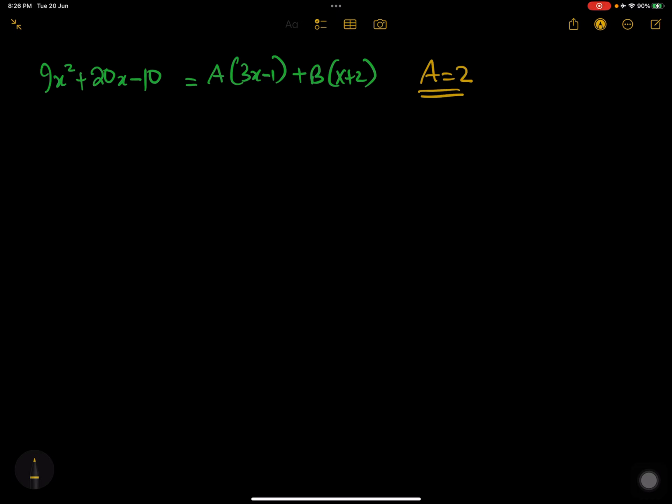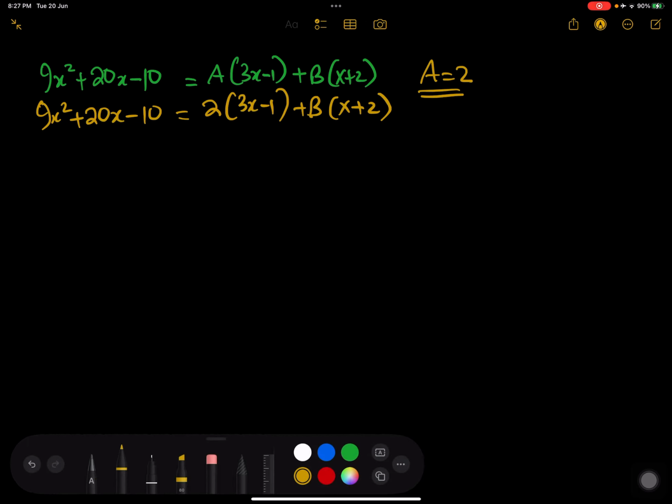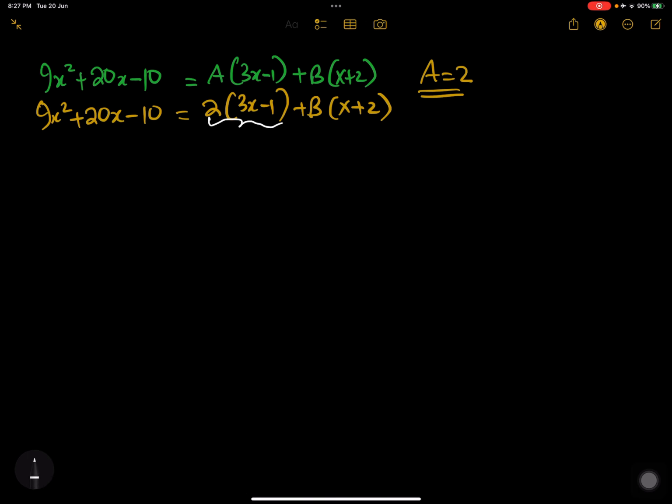So we can rewrite this as 9x squared plus 20x minus 10 equals 2 into 3x minus 1 plus b into x plus 2. How do we determine b? We need to set this side to 0. We need to find a way to set this whole thing to 0.